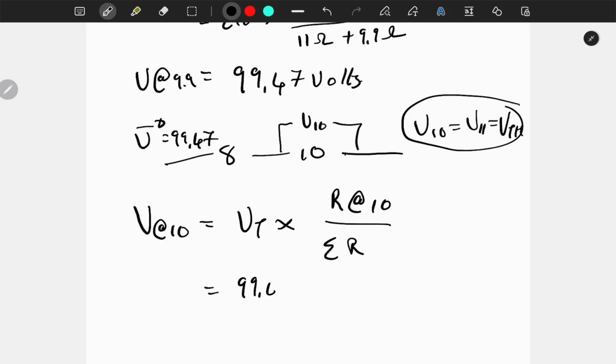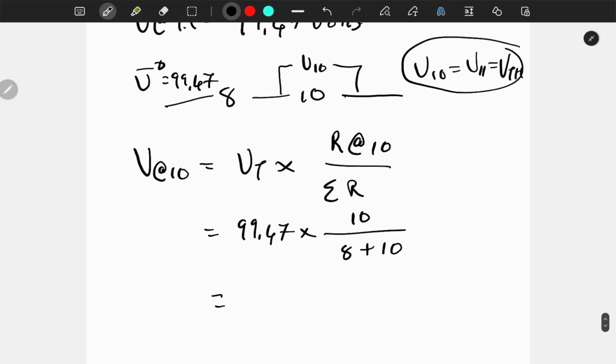So we have 99.47 multiplied by 10 over 8 plus 10, and that gives us an answer of, let me just double check that quickly, 55.261 volts, right? So that there is your Thevenin voltage.